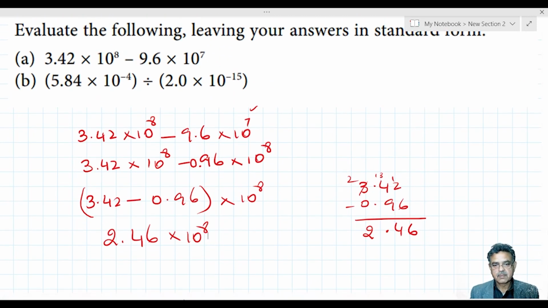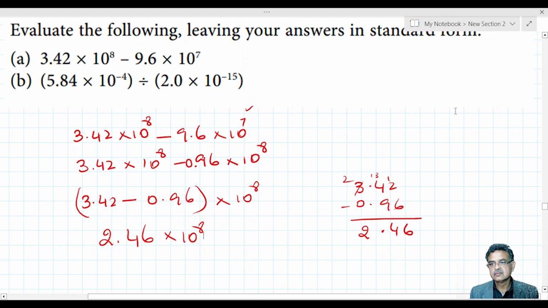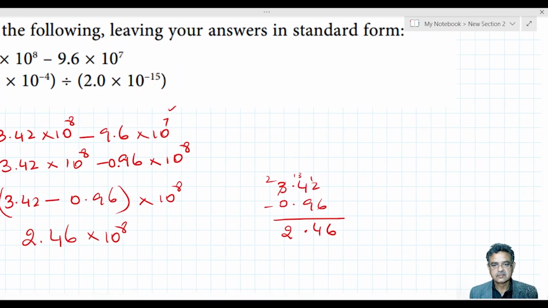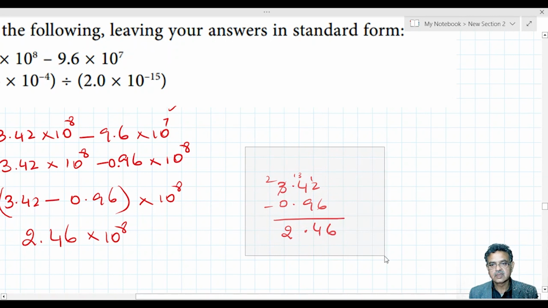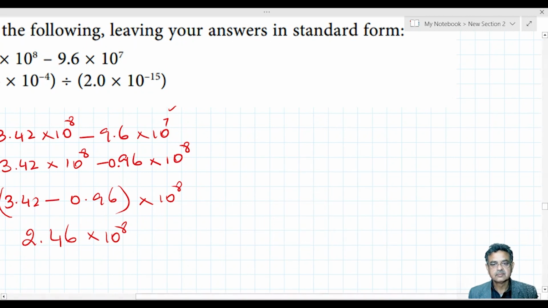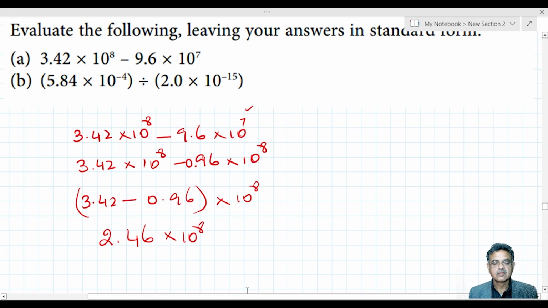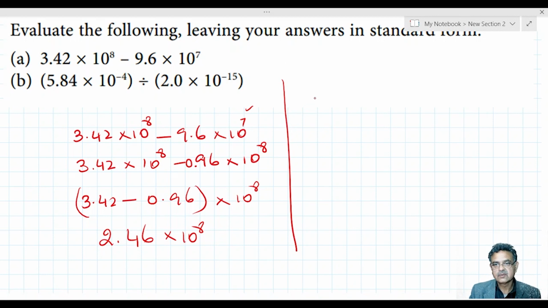Now part B. In part B, what we have to do: 5.84 multiplied by 10 power minus 4 divided by 2.0 into 10 raised to the power minus 15.